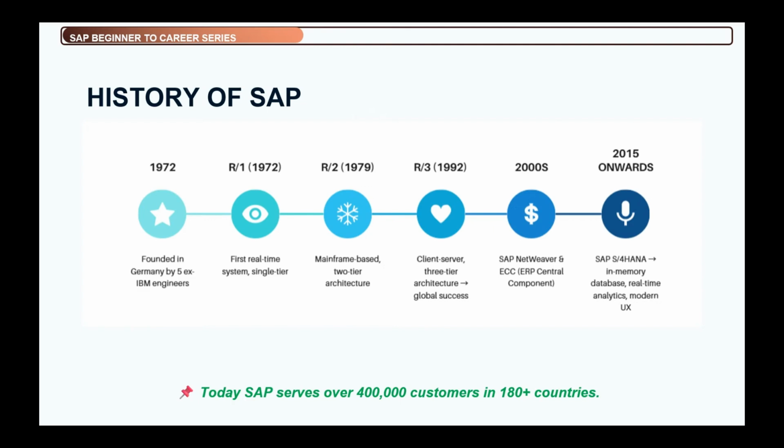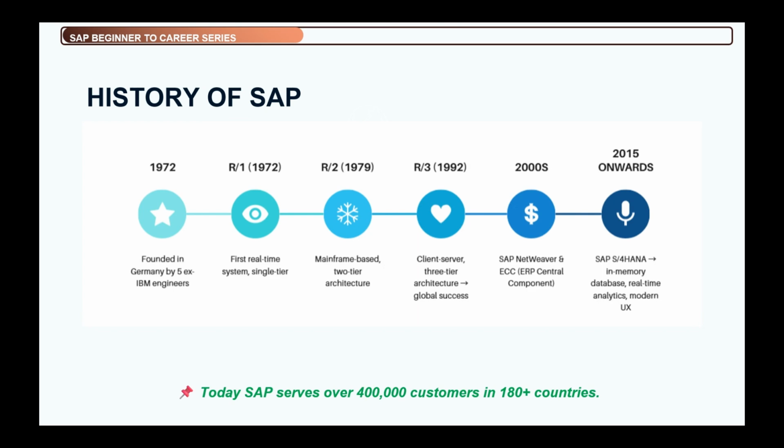It was invented in 1972. It was founded by 5 IBM engineers who were in Germany. They are the ones who invented the SAP solution. They called it R1. So it's the 1972 first real-time system. This is a single-tier system.